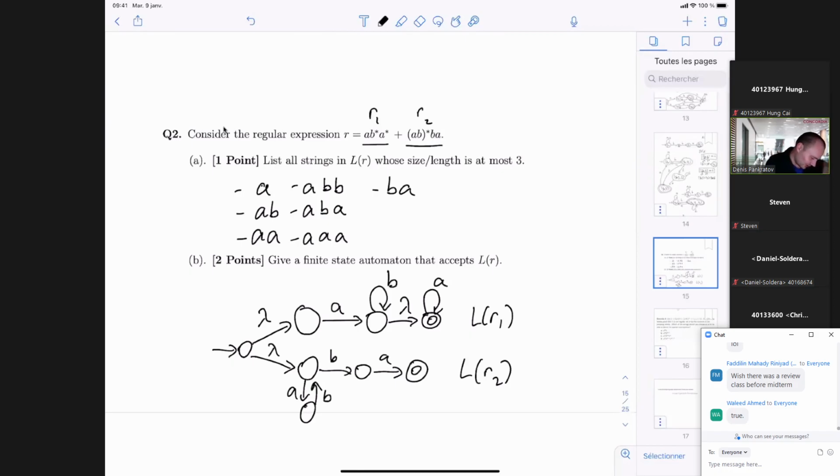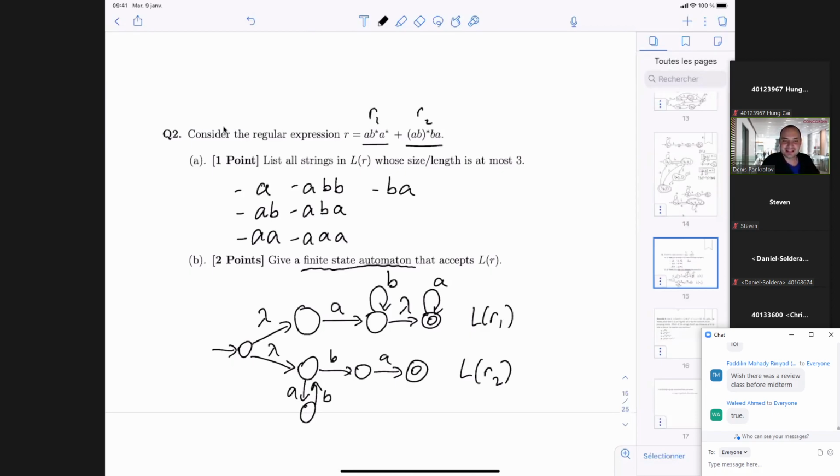So pay attention to the question, because here it says finite state automaton. Finite state automaton means it's your choice, NFA or DFA. And the NFA is easier. So if you have such a choice, go for the easy option.